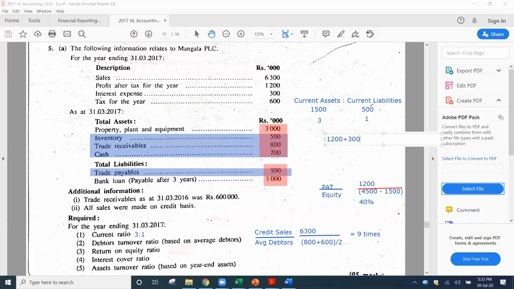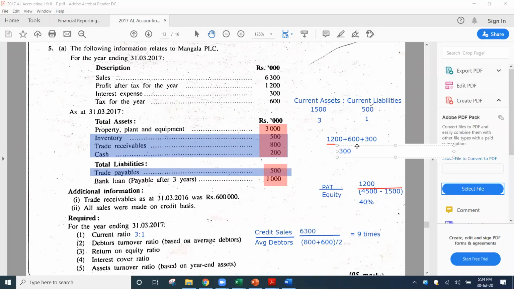We add the tax, 600, and also add the interest, 300.